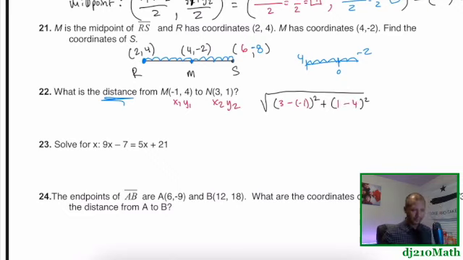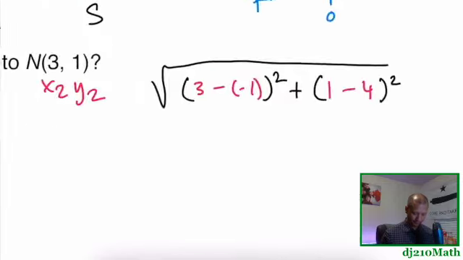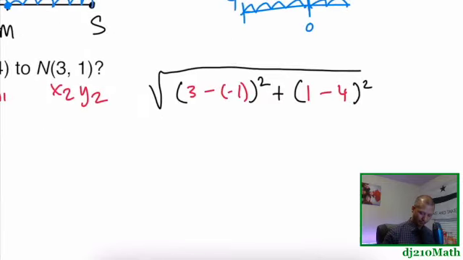All right, simplifying these numbers, inside we have 3 minus negative, so that means plus. So 3 plus 1 is 4. That's going to be squared, plus 1 minus 4 is -3. That's going to be squared.